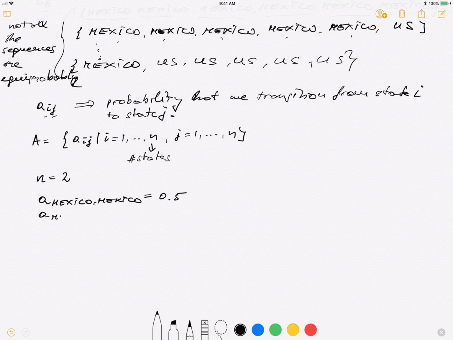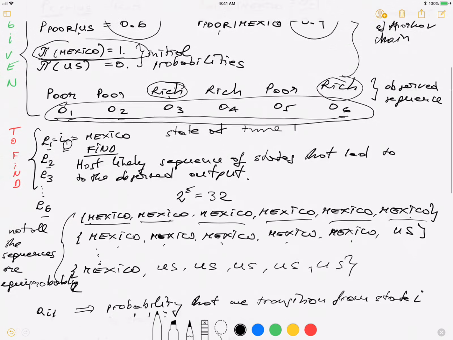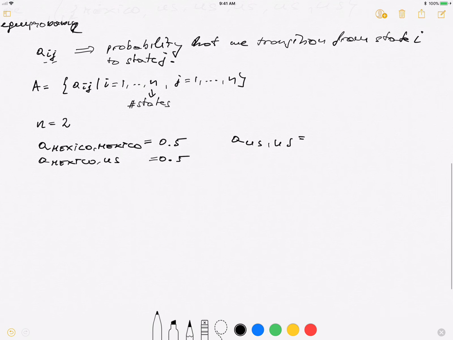A Mexico, US, which is 0.5. A US, US, which is 0.7, the probability that we will stay in the US the next year. And of course we have A US, Mexico, which is the probability that from the US next year we will go back to Mexico. It is 0.3. So these are our A's.